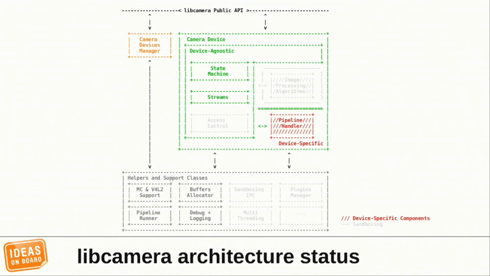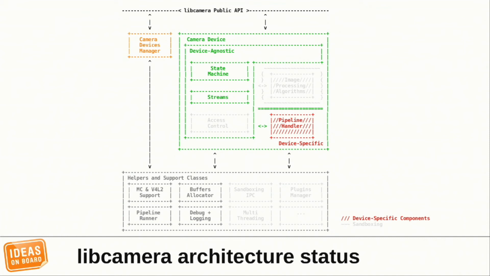Internally, we have done a good bulk of the common framework code that supports the plumbing. We've got a camera devices manager, so as I said, we can support hot plug. We've got a state machine to track the running of the cameras. We've got the V4L2 and the media controller classes implemented. We've got debugging and logging.